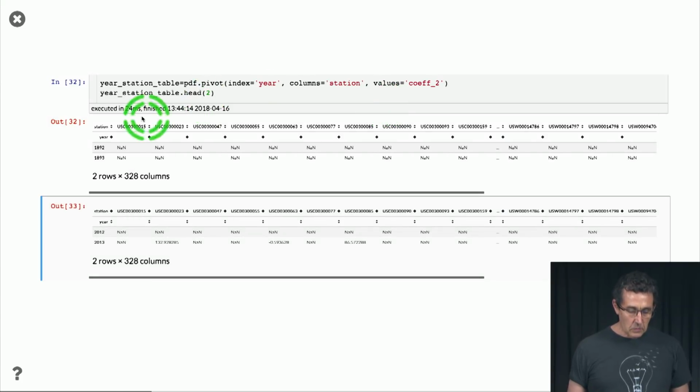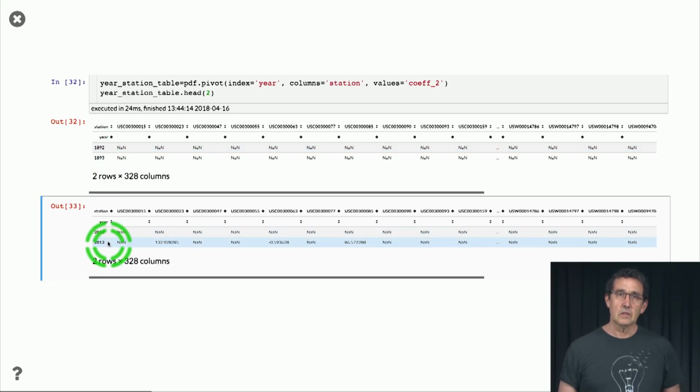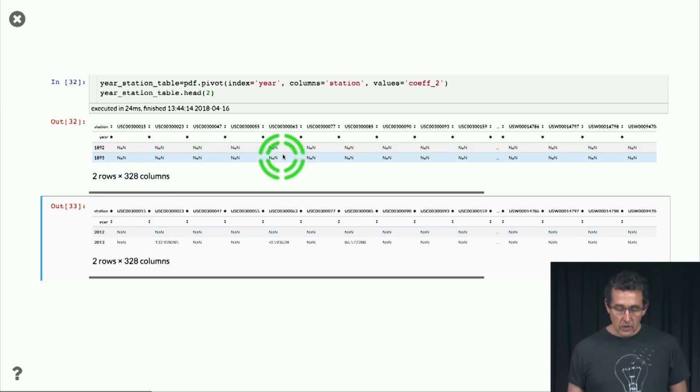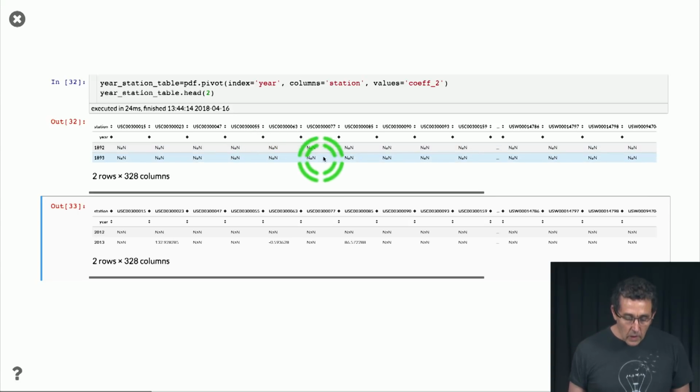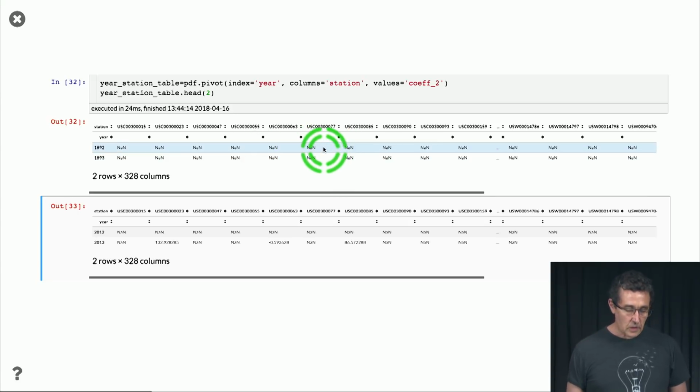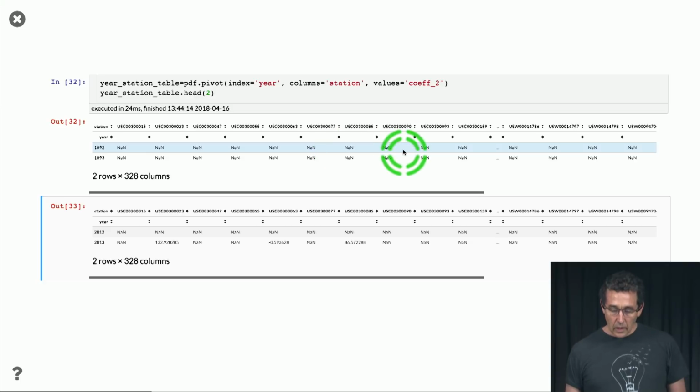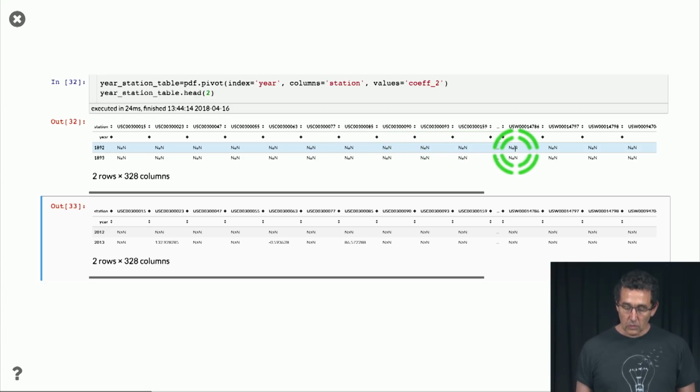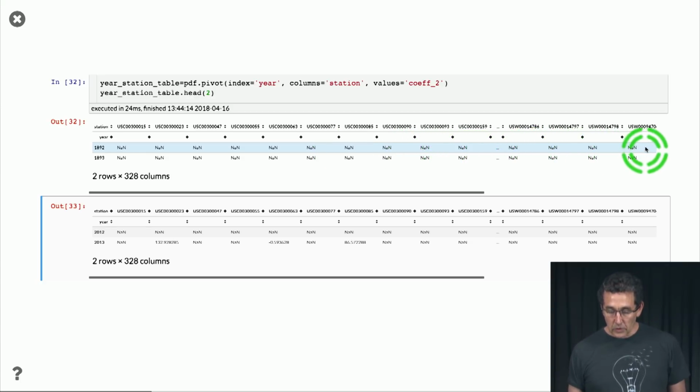This table goes over all of the stations in New York State, and it goes from the year 1892 to 2013. So apparently we have a huge amount of data, but if you look here at the first years, 1892, you see that almost all of the stations were not defined. Probably they weren't even there.